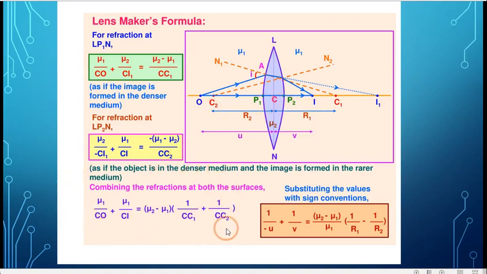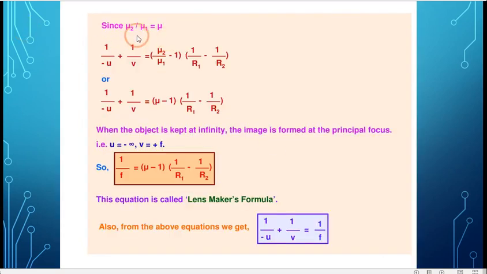After substituting these values in the equation, we get 1 upon minus U plus 1 upon V is equal to mu2 minus mu1 upon mu1, into bracket 1 upon R1 minus 1 upon R2. Now we know that mu2 upon mu1 is the normal refractive index mu.